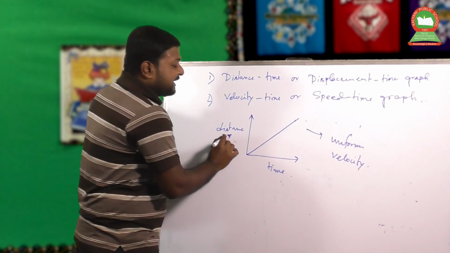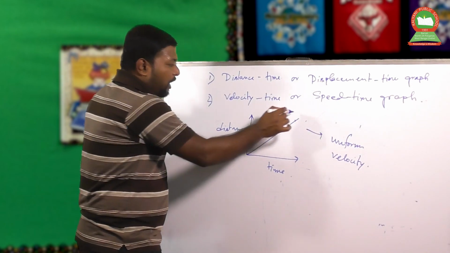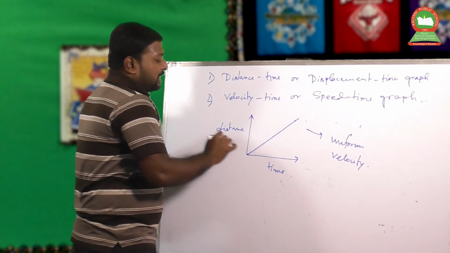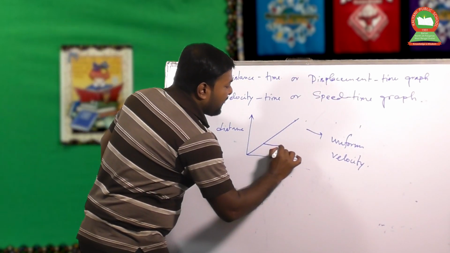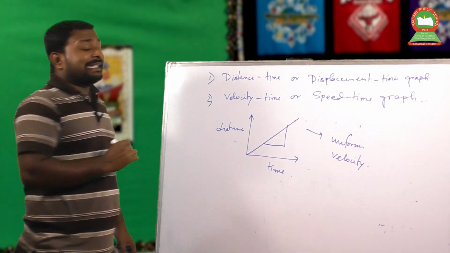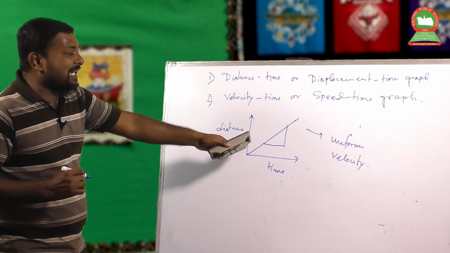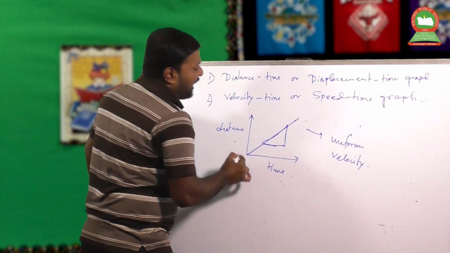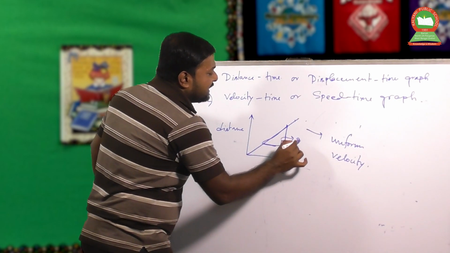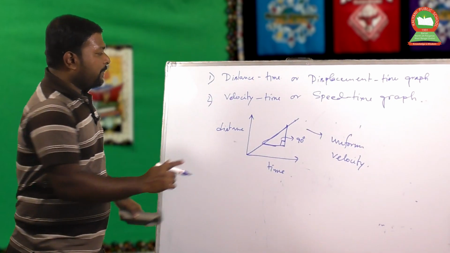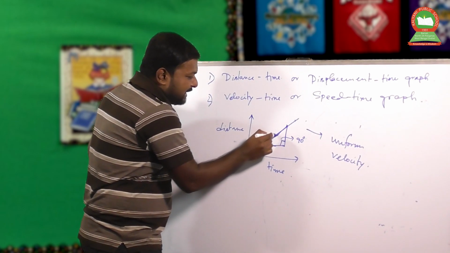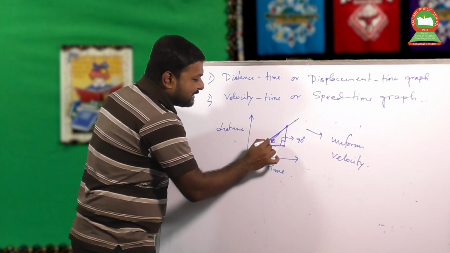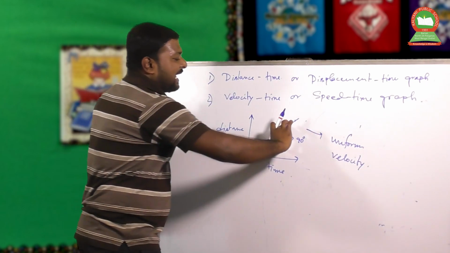Why? Because the distance-time ratio of this curve remains the same. How do we calculate the distance-time ratio? If we draw a right-angled triangle from this graph, with a 90 degree angle, then this is the hypotenuse, this is the base and this is the height.